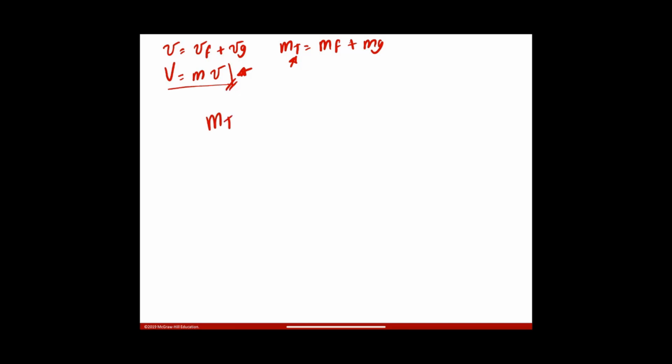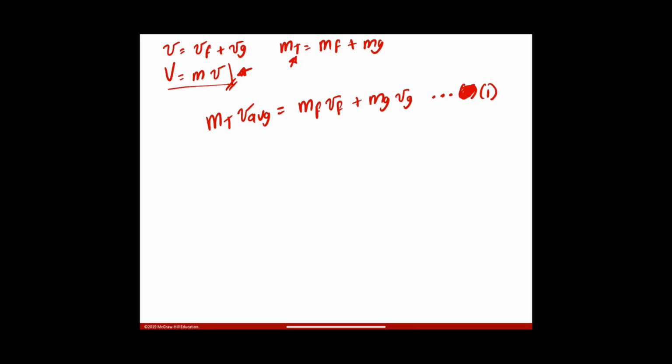My total mass times an average specific volume will be equal to mass of the fluid times the specific volume of the fluid plus mass of the gas times a specific volume of the gas. And I'm going to call this equation number 1.